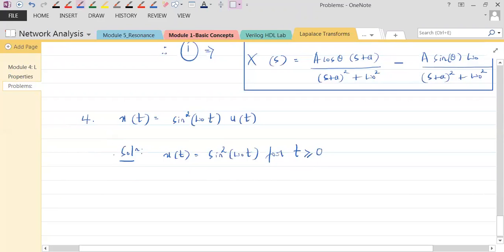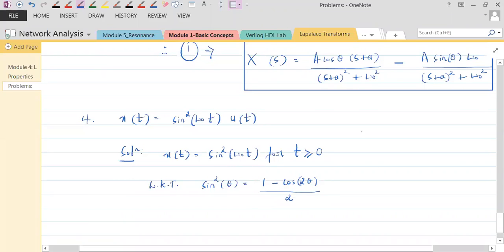Here we know that sine square theta is given as 1 minus cos 2 theta divided by 2.